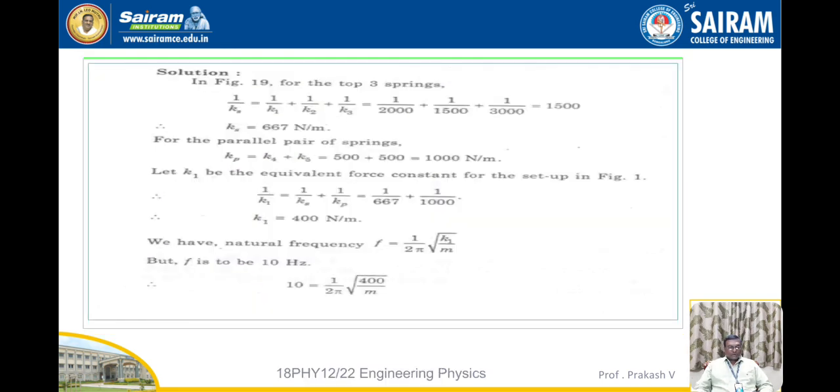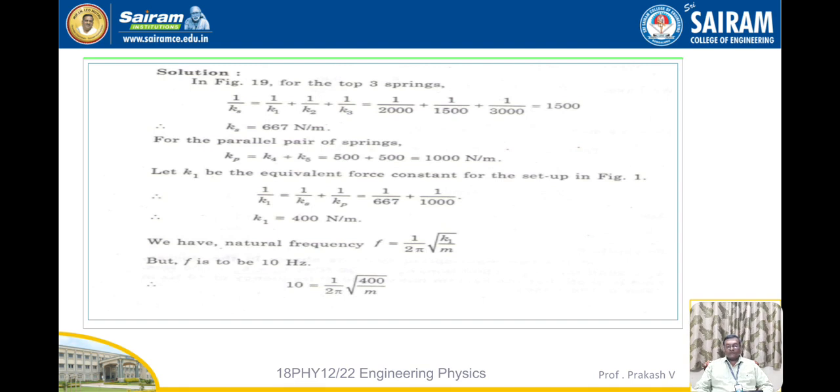So in figure 19 that you saw in the earlier slide, the value of 1 by Ks is equal to 1 by K1 plus 1 by K2 plus 1 by K3. Here these three springs are connected in series. So substitute the values of K1, K2 and K3 here.